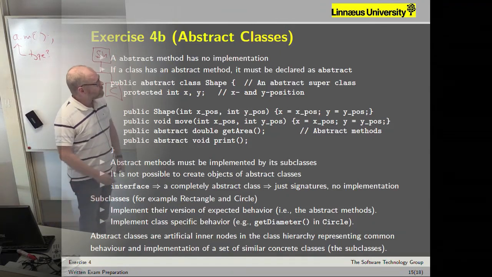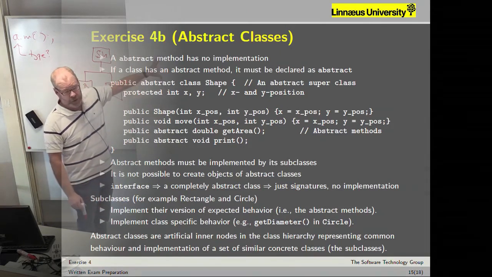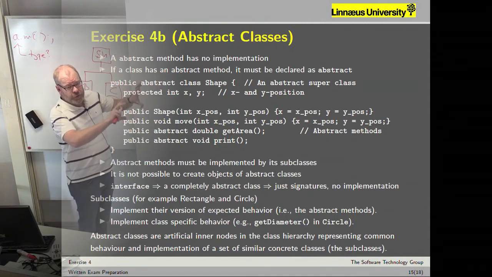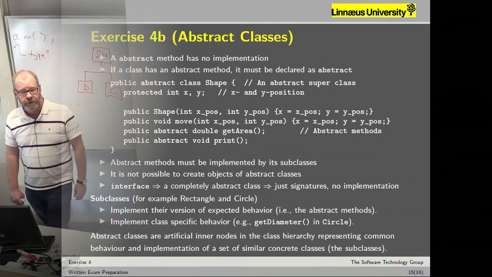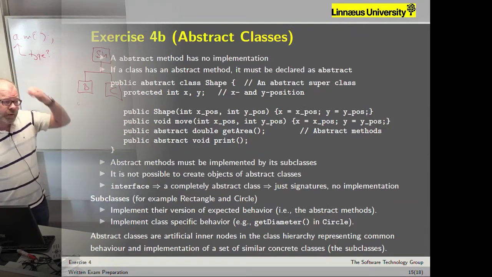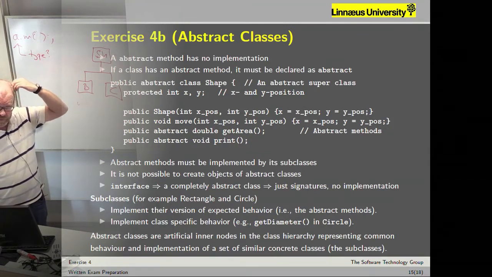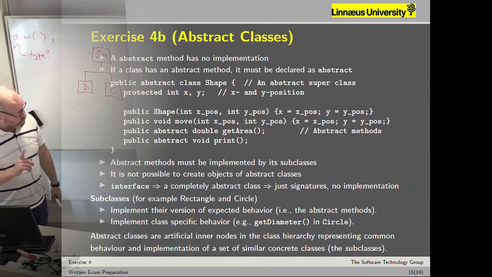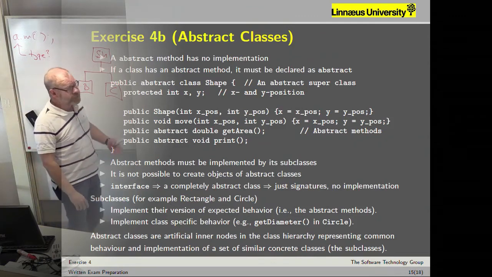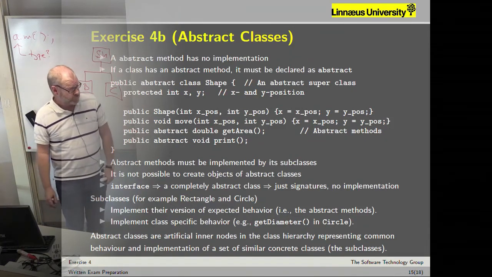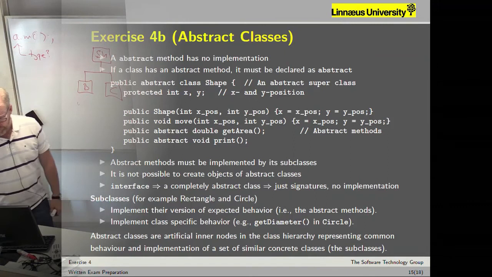That's why we are introducing the shape class as an artificial node and are using this one to simplify our implementation of classes, rectangles, and things like this. It's not the only reason. The most important reason is polymorphism, that we can treat all of them as a shape in a uniform way. Okay?